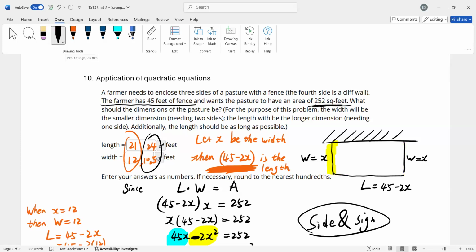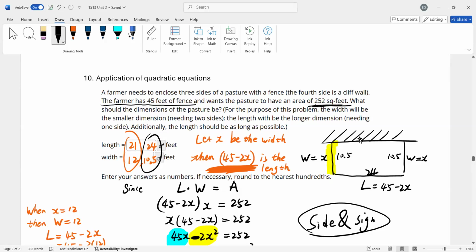The length is 24 and the width is 10.5. Twice 10.5 is 21. 21 plus 24 is 45. That's all the fence the farmer has. That works as well. Regarding the area, 24 times 10.5 is also 252. So we have two sets of solutions.